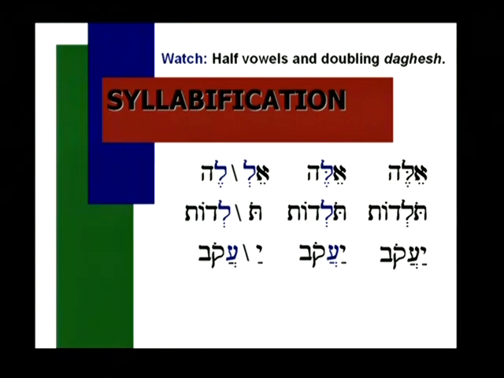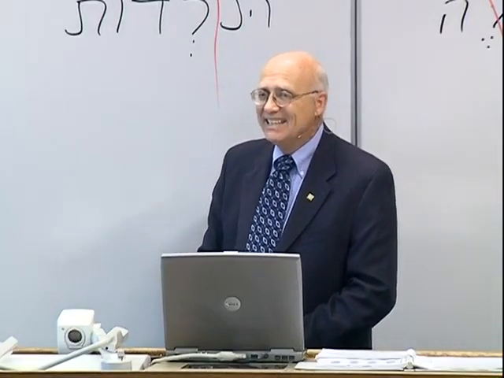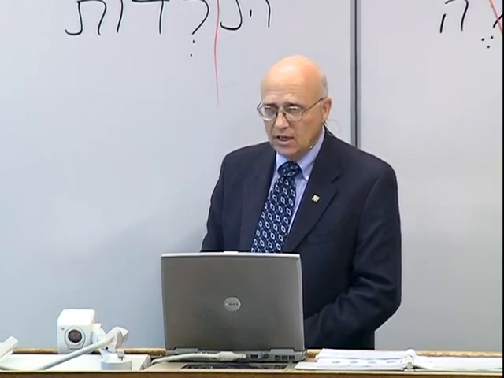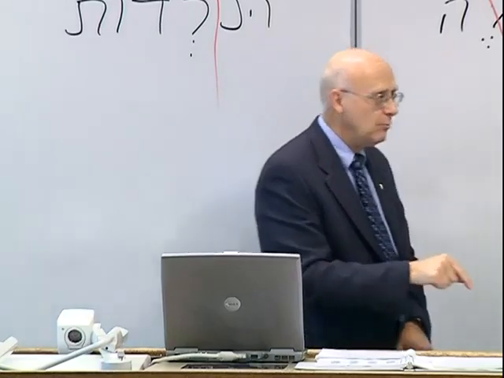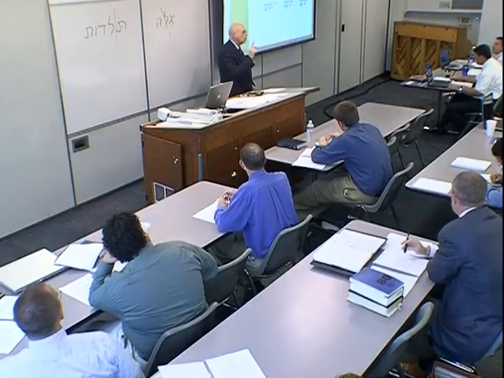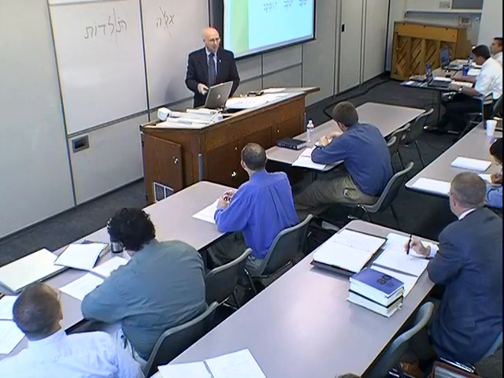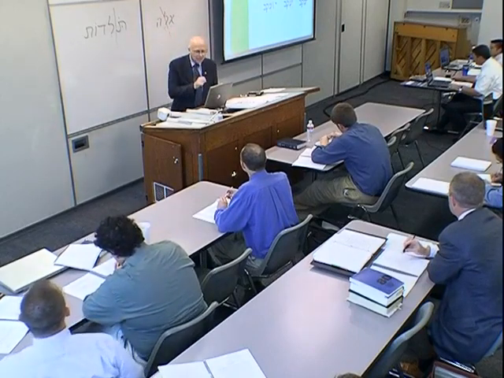Because a silent schwa finishes a syllable, ends it. And a vocal schwa begins a syllable. Okay? Silent ends, vocal begins. Everyone repeat it after me. Silent ends, vocal begins. Again, one more time. Silent ends, vocal begins.